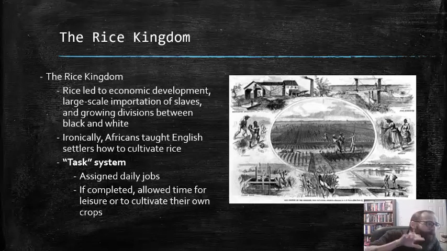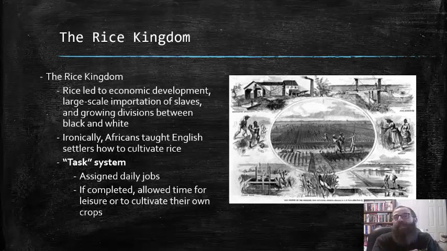Now, the work and labor systems in the rice plantations were a little different from what they were in the tobacco plantations of the Chesapeake region. They relied in the Carolinas on what was known as the task system, where the enslaved were assigned daily jobs, a finite, a set amount of work per day, and once they completed that work, they were allowed time for leisure or to cultivate their own crops.